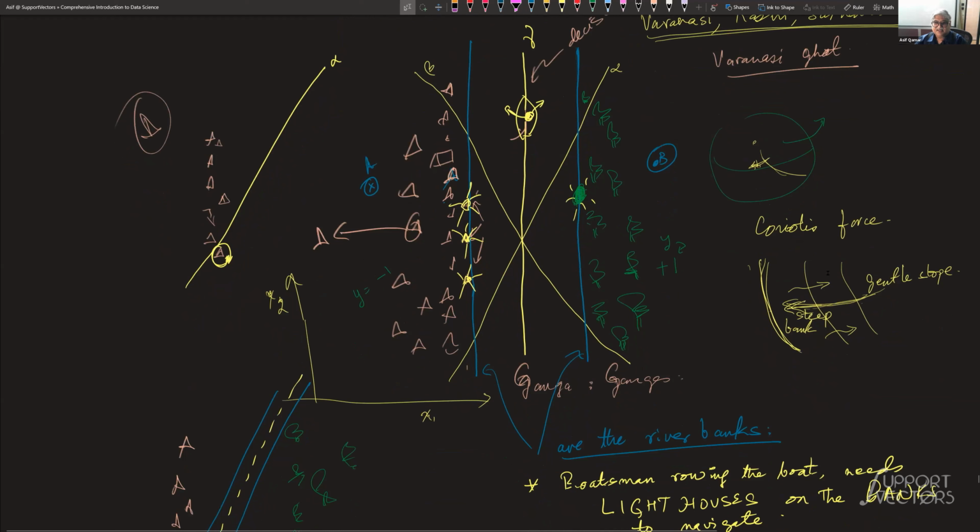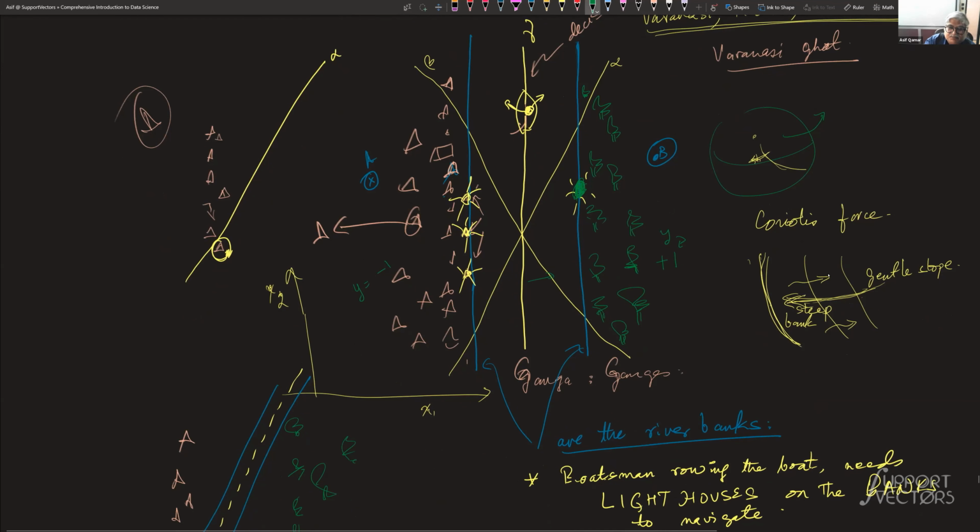Suppose we consider this distance as positive distance and this distance as negative distance from the decision boundary. So what do you want for all trees? You want the distance of a tree to be greater than or equal to the margin m.